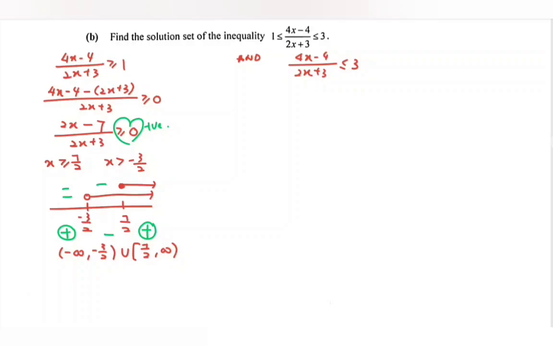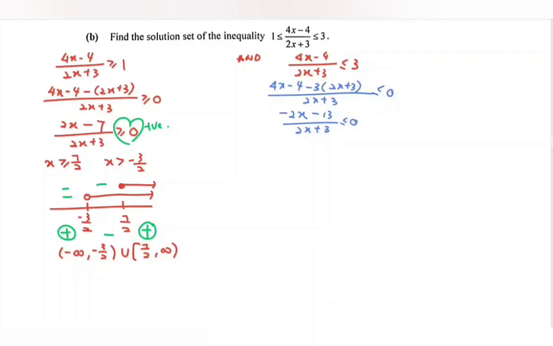Focus on the right hand side. We have 4x minus 4 minus 3 bracket 2x plus 3 over 2x plus 3 less than equals to 0. So continue, 4x minus 6x, so here we have negative 2x. Negative 4, negative 9, we have negative 13 over 2x plus 3 less than equals to 0.